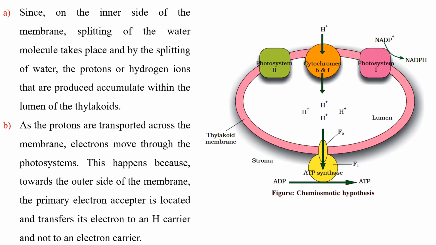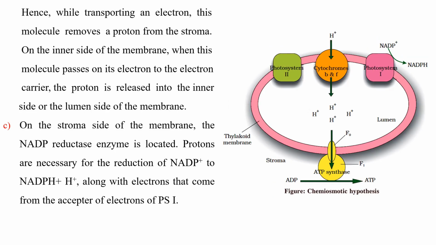This happens because towards the outer side of the membrane, the primary electron acceptor is located and transfers its electron to the H carrier and not to an electron carrier. Hence, while transporting an electron, this molecule moves a proton from the stroma. On the inner side of the membrane, when this molecule passes on its electron to the electron carrier, the proton is released into the inner side or the lumen side of the membrane.